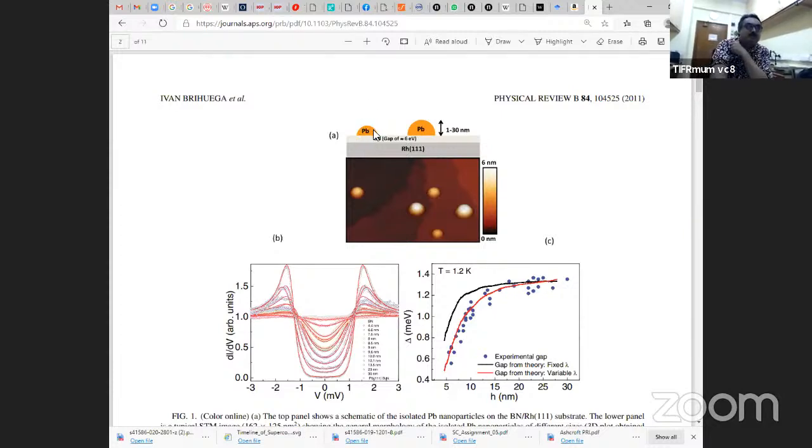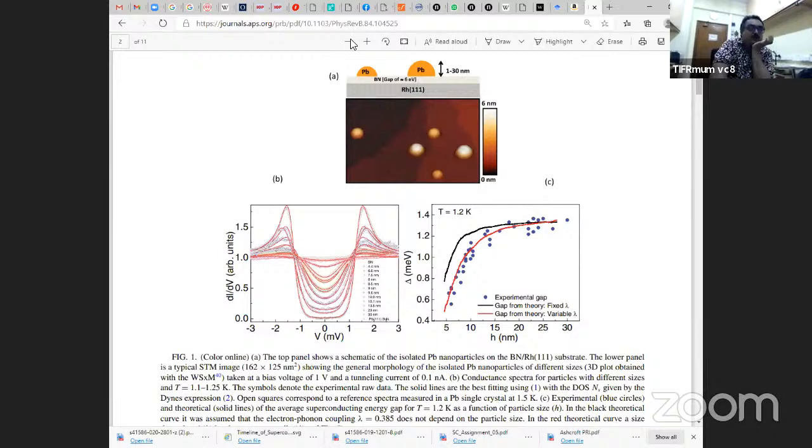So you get these hemispherical lead nanoparticles. With a scanning tunneling microscope, you can take the image, and this is how these particles look. They are very small, ranging from less than 5 nanometers to about 30 nanometers or so.